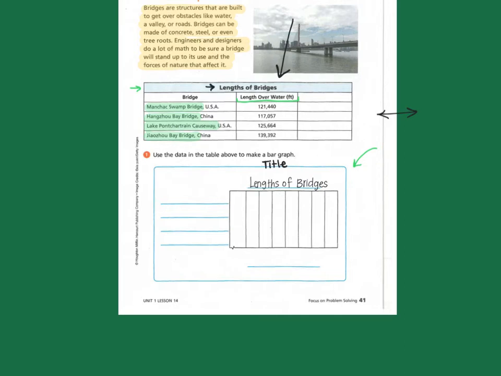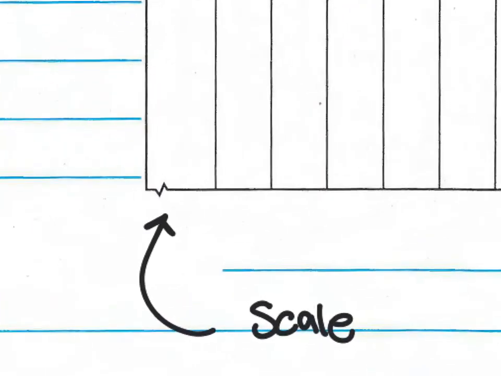The next thing we need to talk about is our scale, and I want to do our scale together. Our scale is going to be represented here. Now, when I'm doing a scale, normally I start at 0, so I want you guys to put a teeny tiny little 0 here. But you might notice that I have this little zigzag here. Now, in our last slide, I talked about how important it is to count up by the same intervals, and I counted up by 10s.